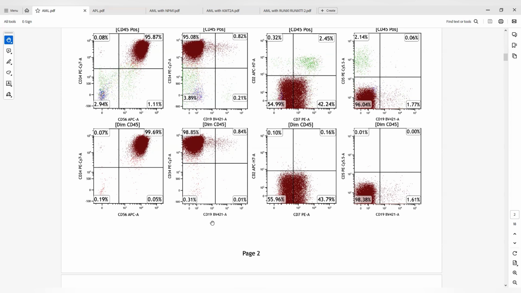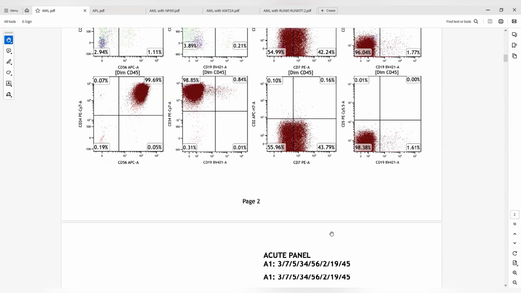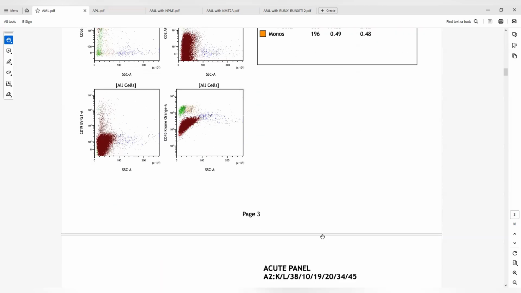But for the purpose of this video, this population is completely CD19 negative. It's not a B lymphoblast population, but we're going to look at additional markers in order to confirm that. Here again, CD7 is dimly expressed, and CD19 is negative. And then we go here, these are just control plots.